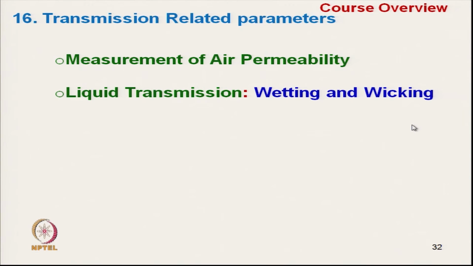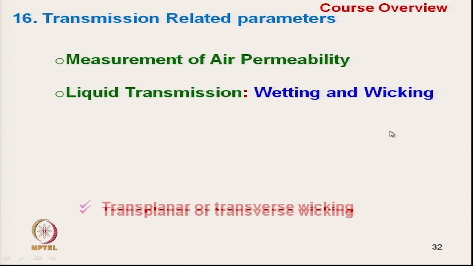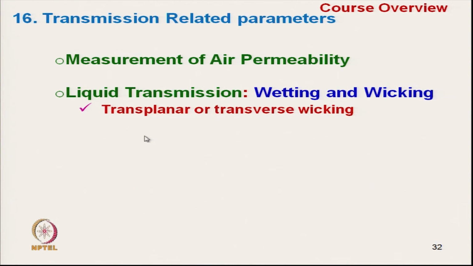So, absorption of liquid and transmission of liquid, wicking characteristics we will discuss here. Transplanar wicking or transverse wicking, that is a cross plane across the thickness of the fabric, at what rate the liquid transmits, that we will discuss here. Then in plane, along the plane, the liquid transmission characteristics we will discuss.